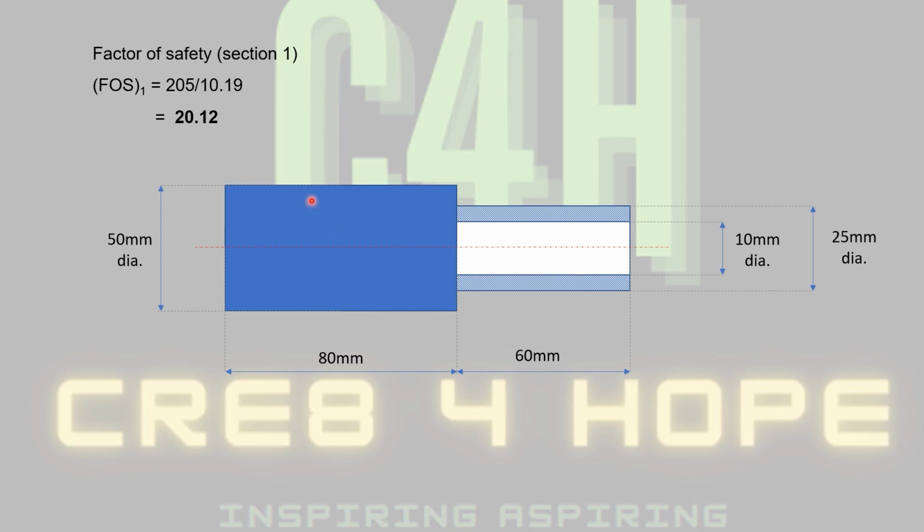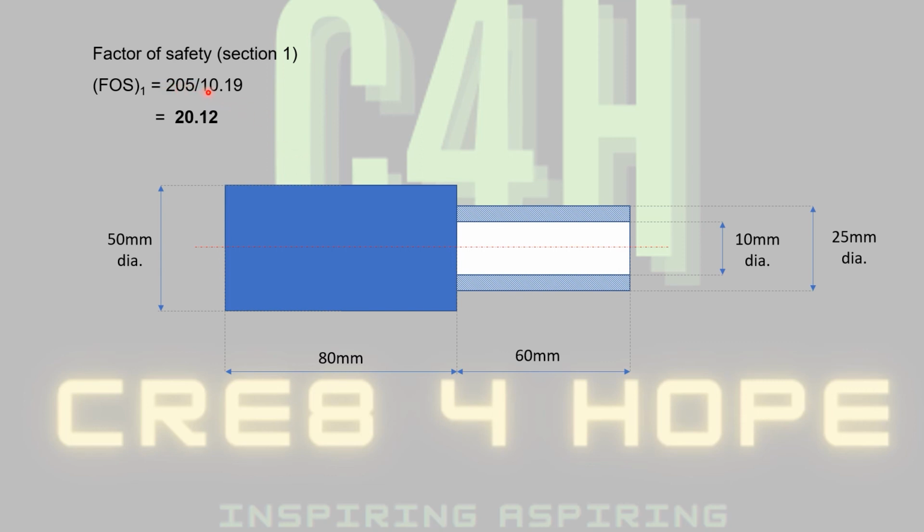So we're looking at the safety factor, and hopefully you've watched the video relating to the factor of safety. The factor of safety will be equal to the stress limit divided by the working stress. The stress limit has been given as 205 MPa, which was more or less given in the problem. And we're dividing that by the stress in section 1.